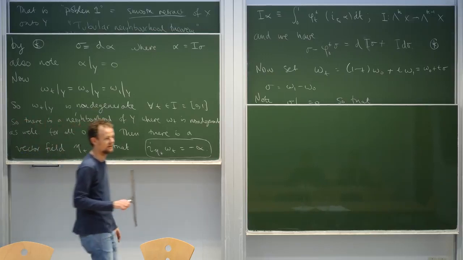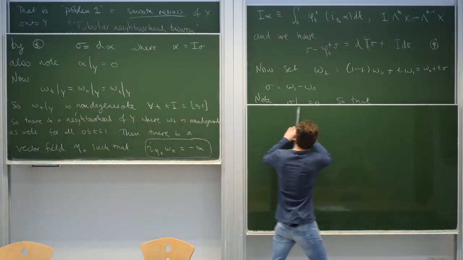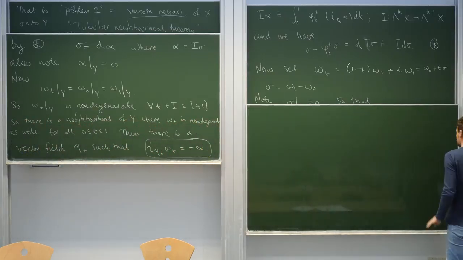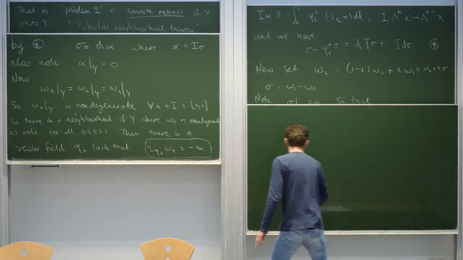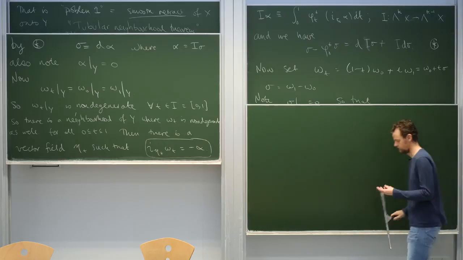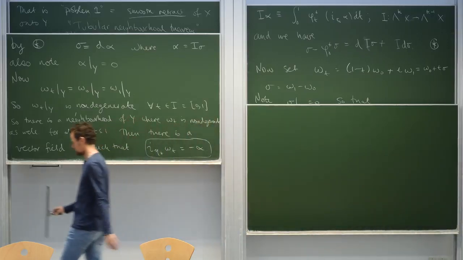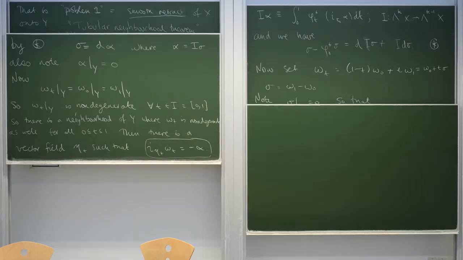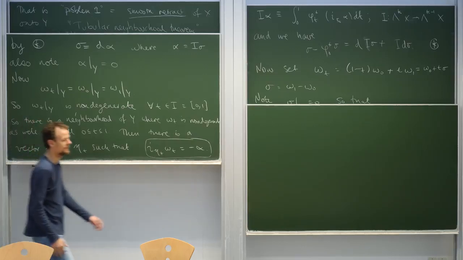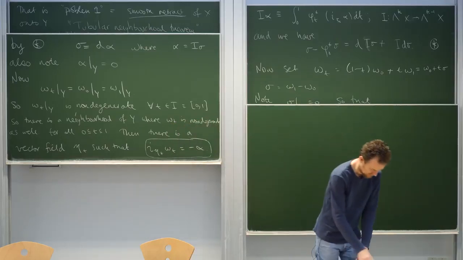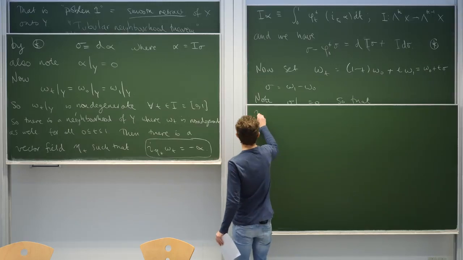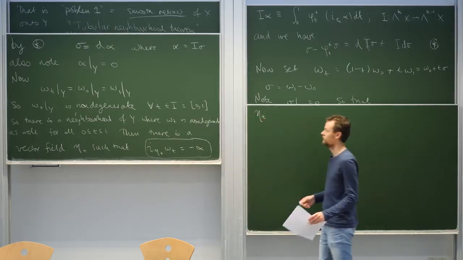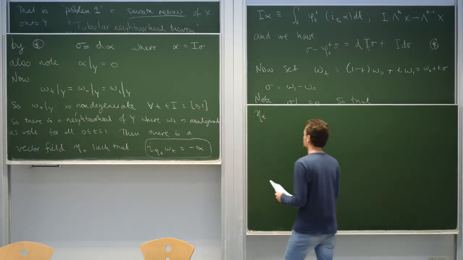And this vector field will define a diffeomorphism, and that diffeomorphism will be the one that we want. So we have ourselves a nice vector field on U around Y. Let's call it A_t.